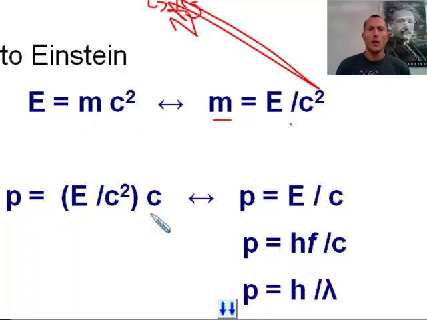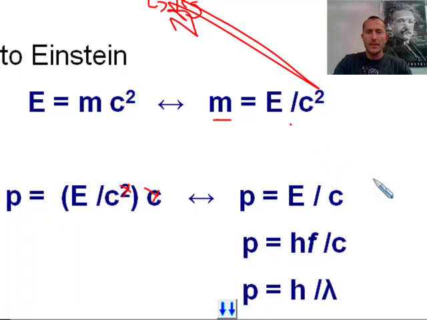If the particle we're talking about is light, light travels at the speed of light, which is c. And so the c on the top cancels out. We can lose one of the c's at the bottom. And so we get the momentum is equal to E divided by c. The momentum of the particle is equal to the energy of the particle divided by the speed of light.